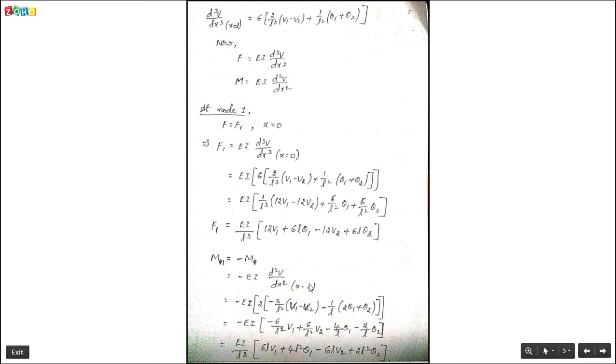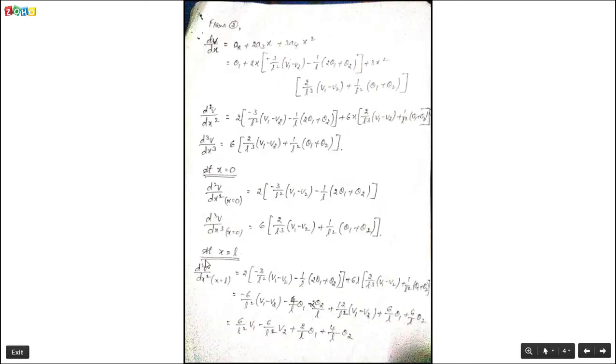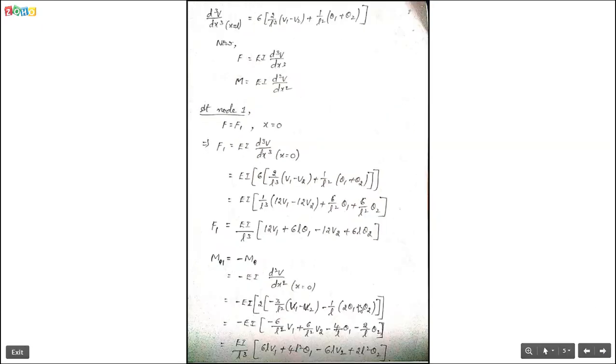What is the d square v by dx square value? This is the value, and I substitute it here. Multiplying by the entire equation and taking L cube common, we get this equation. So this is at node 1.